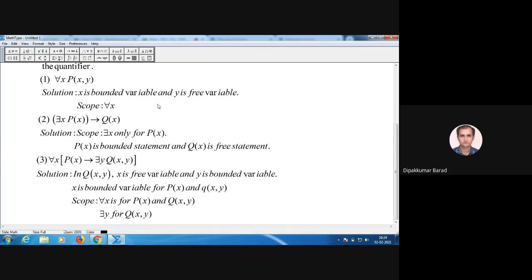So I hope this is clear for everyone, free variable and bounded variable. We have discussed three examples here for free and bounded variables and the scope of the variable.